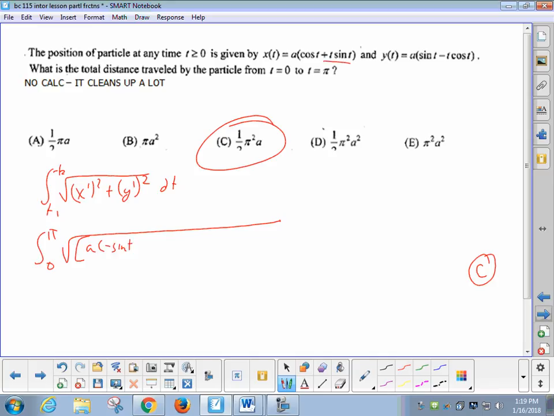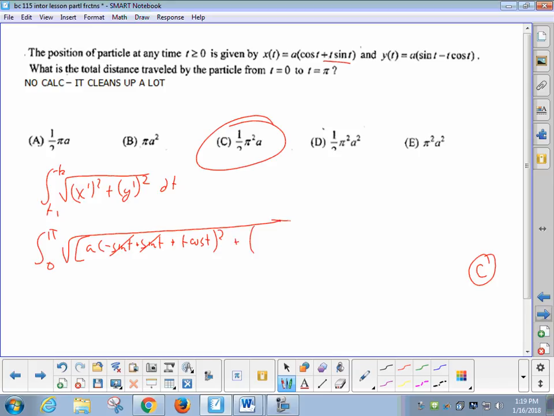What's the derivative of t sine t? Sine of t plus t cosine of t, all squared. You can see why that will be delightful because there's a negative sign and a sign that go away.